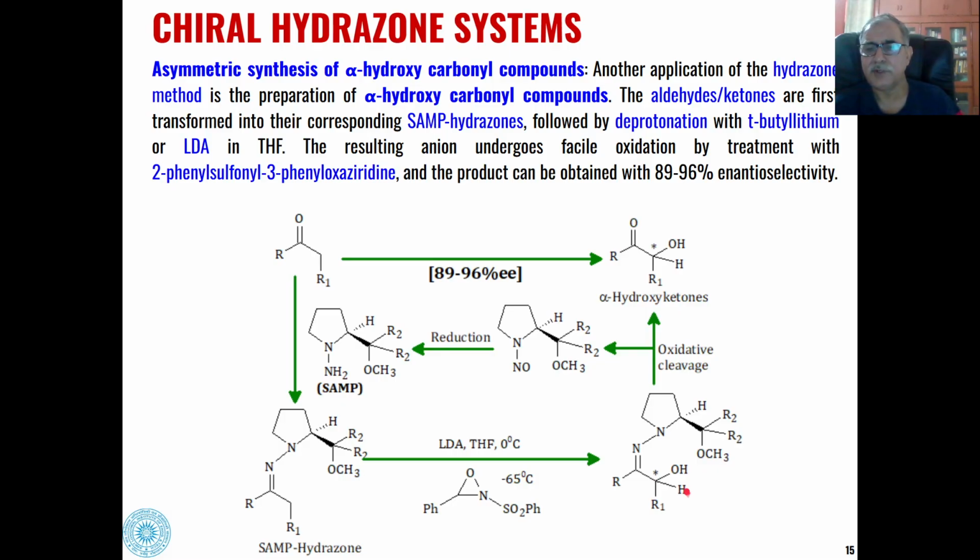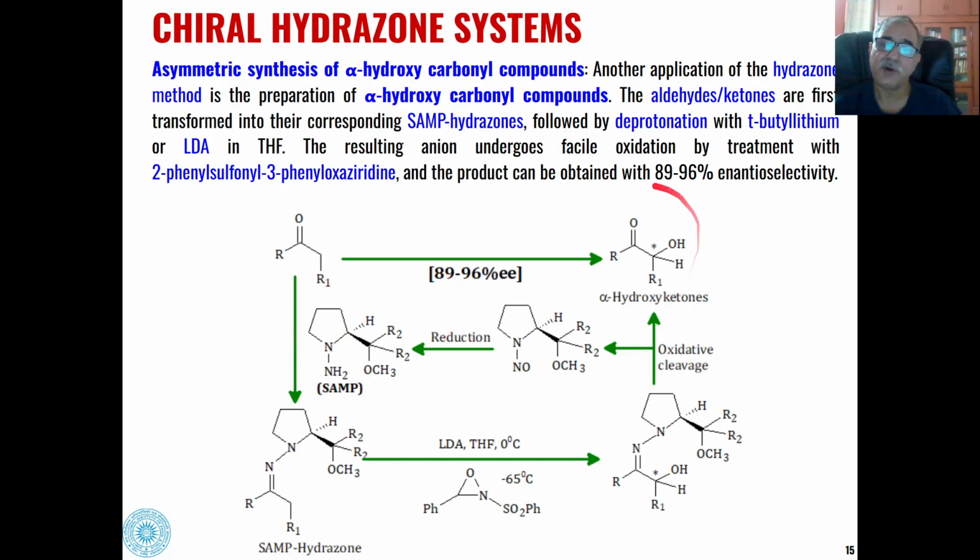Then this will undergo oxidative cleavage at this point to give us alpha hydroxy ketones, and this moiety will be released from the reaction, and this will further undergo reduction to convert this nitroso into amino group, and this can be released.